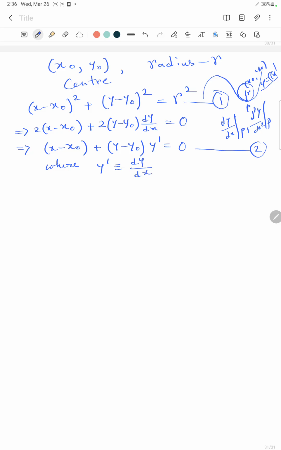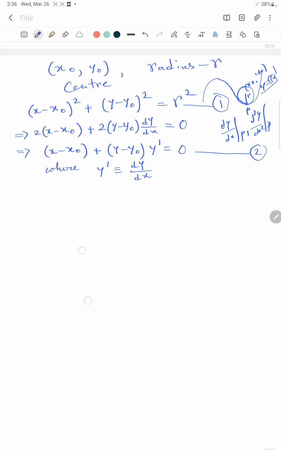Okay, so you have your equation number 1, equation number 2. Now you again take the derivative of equation number 2 with respect to x, and see what you will get. If you take the derivative of this portion with respect to x, you will get 1, and for this portion you will get dy/dx into y dashed plus (y minus y0) into d/dx of y dashed.